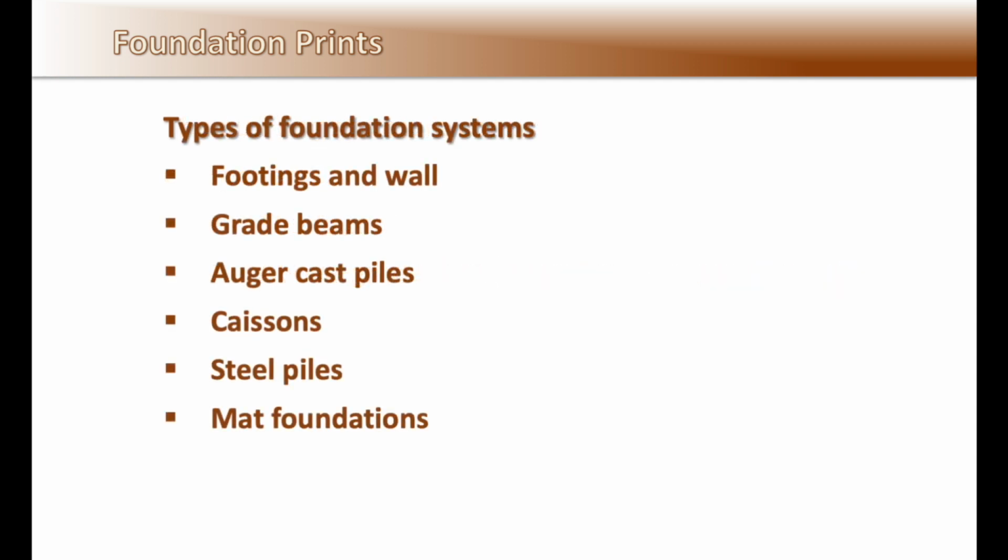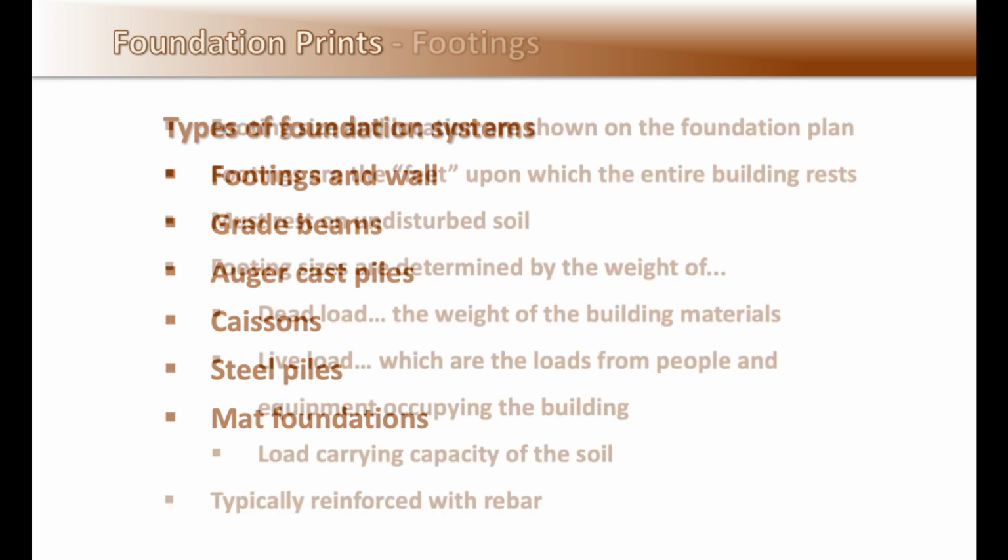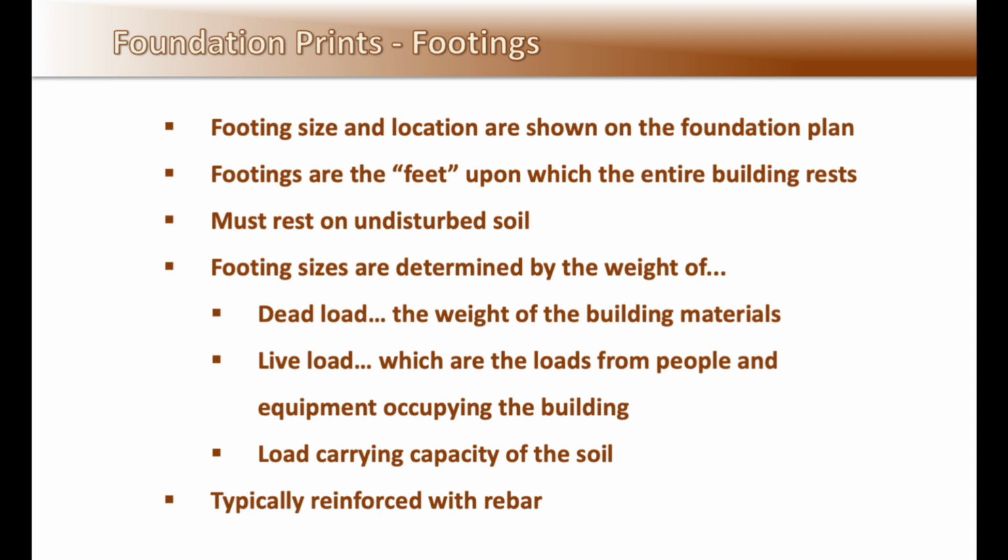The various types of foundation systems are footings and wall, grade beams, auger cast piles, caissons, steel piles, and mat foundations. The footing size and location are shown on the foundation plan. Footings are the feet upon which the entire building rests, and the footings must rest on undisturbed soil.